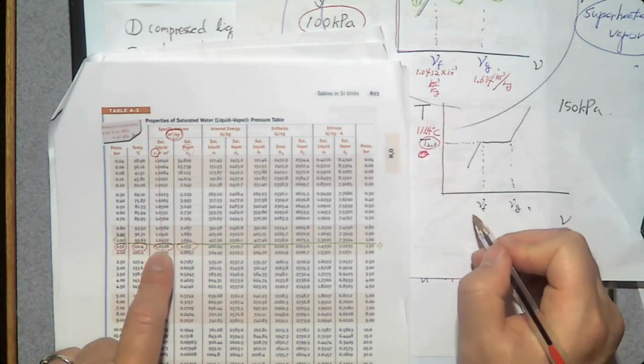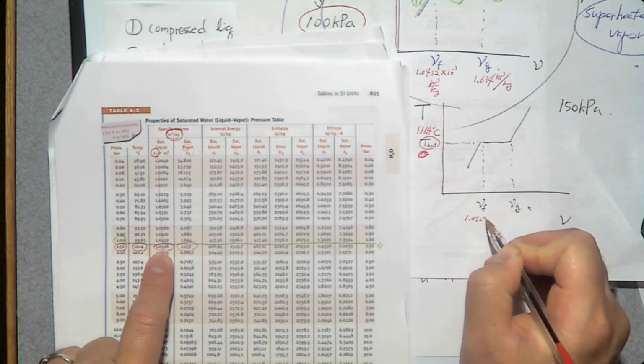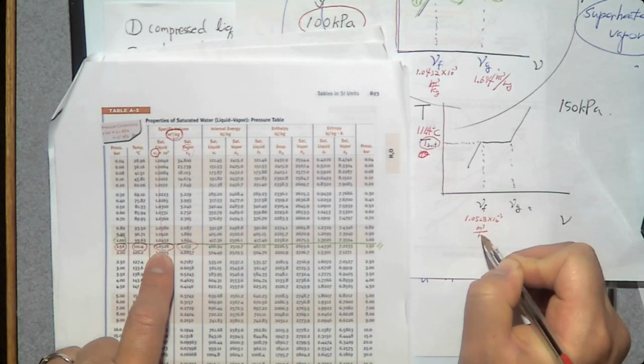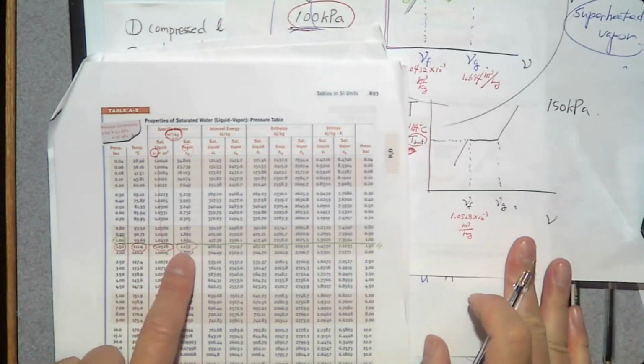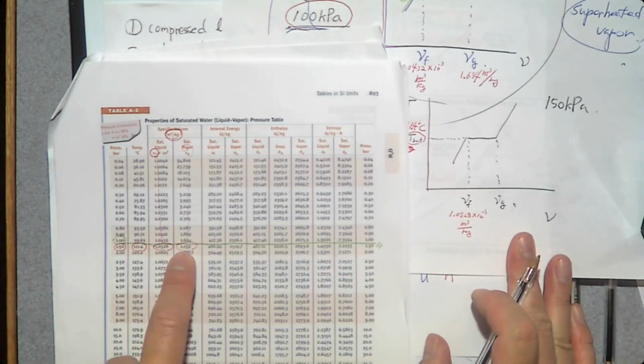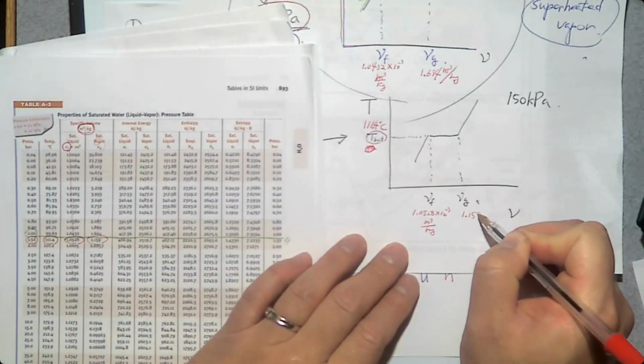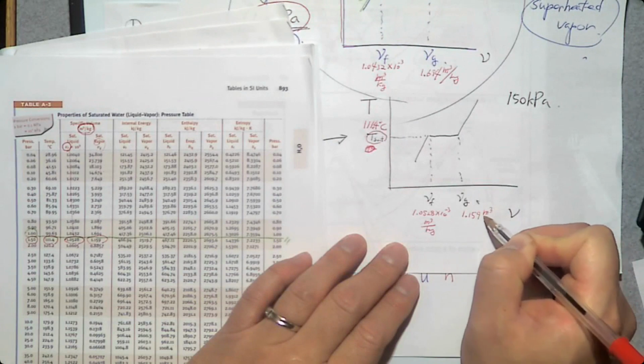What about Vf? 1.0528 times 10 to minus 3 cubic meters per kilogram. What about Vg? 1.159 cubic meters per kilogram.